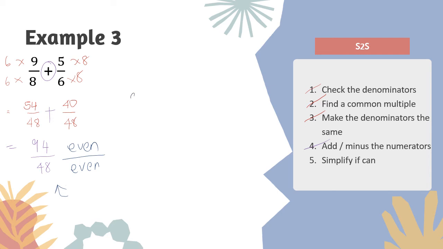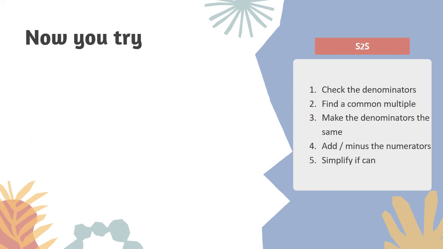So 94 out of 48. Try dividing it by 2. I'll leave this to you so you can try this on your own because we have done simplifying fraction last year. So that's just part of your revision.